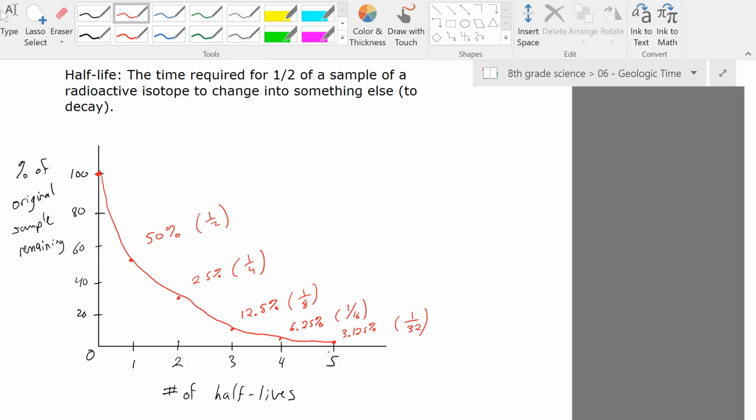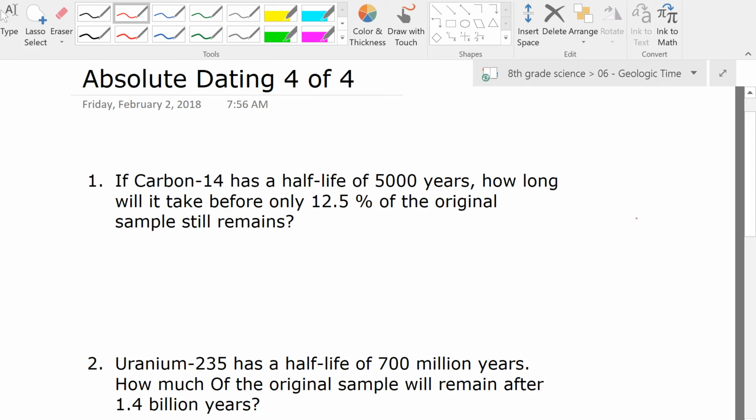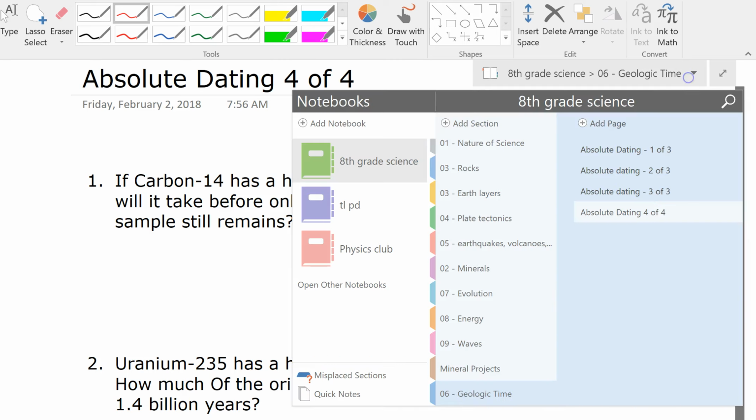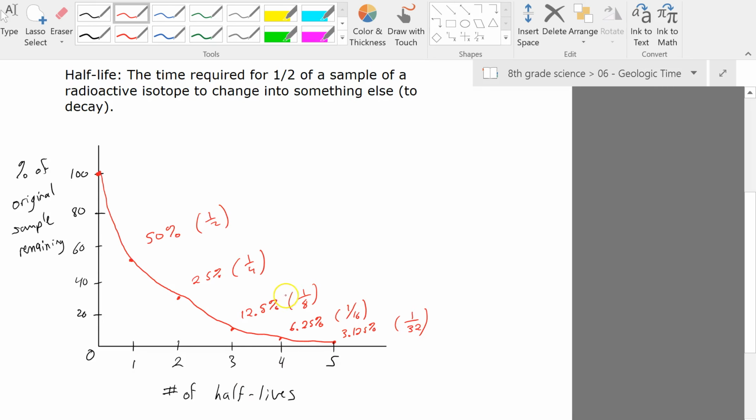So let's try solving a few problems like this. First one, we're rounding off the number for carbon-14, just to make this a little easier. We're saying carbon-14 has a half-life of 5,000 years. How long will it take before only 12.5% of the original sample remains? Well, 12.5% is probably familiar to us. That was on our graph just a minute ago. 12.5% shows up right here.